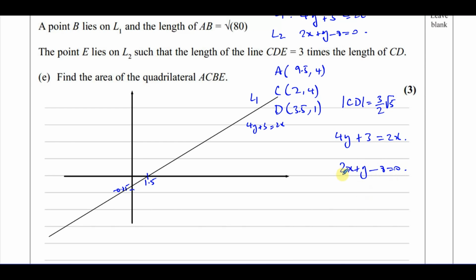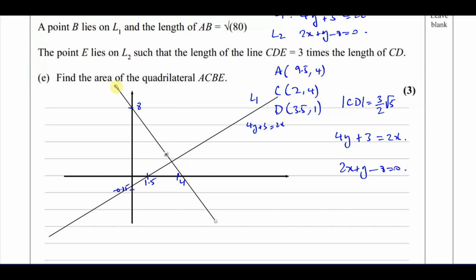Of course, when x is 0, y is 8, so it's going to be somewhere up here. And when y is 0, 2x equals 8, x equals 4, so somewhere over here. I'm trying to make it a little bit realistic, but it doesn't have to be 100% accurate. So you're going to have a negative gradient of negative 2, which looks correct. So there's line 2, which has equation 2x plus y minus 8 equals 0.